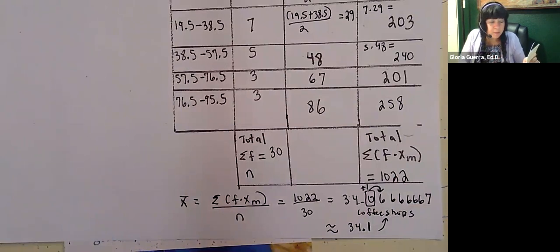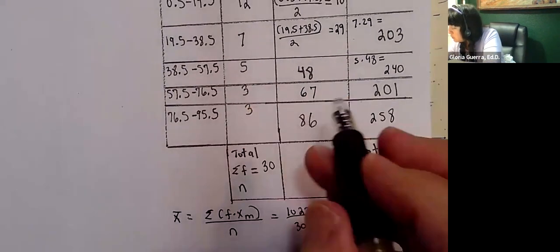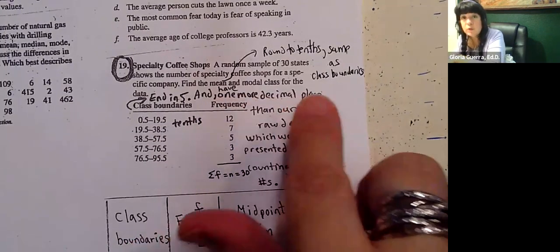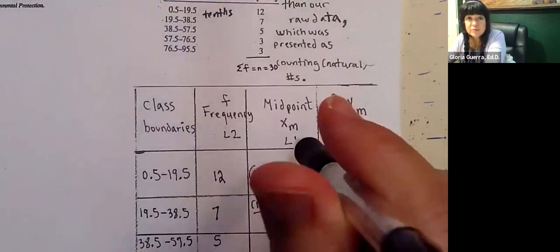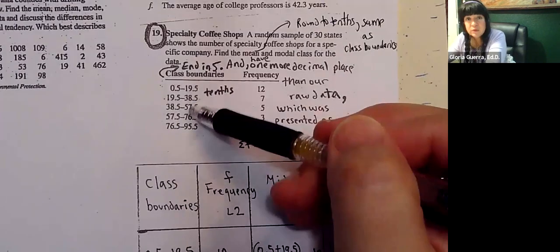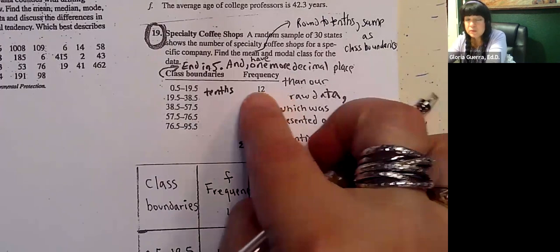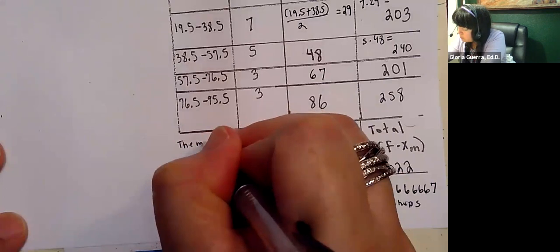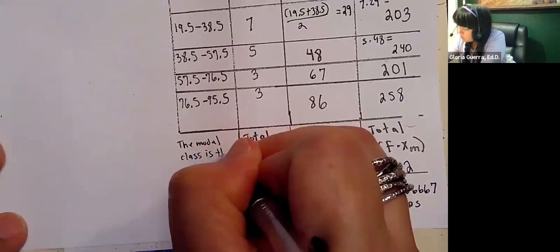And then it asks also for the modal class. So let me see, the mean and the modal class. So remember, the modal class is either going to be the class limit or the class boundary. So the class boundaries are given, and it's the one that has the biggest frequency. So you see that one's 12. So the modal class would be this. Okay. So the modal class is the class boundary.